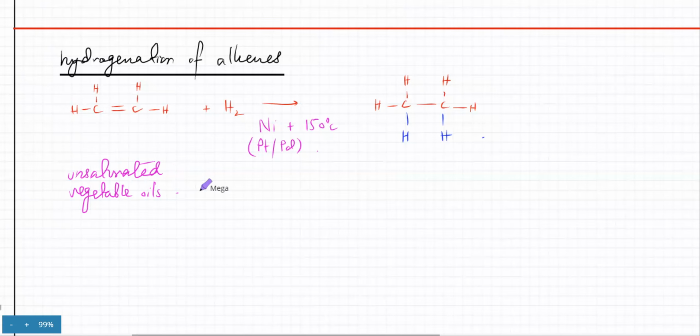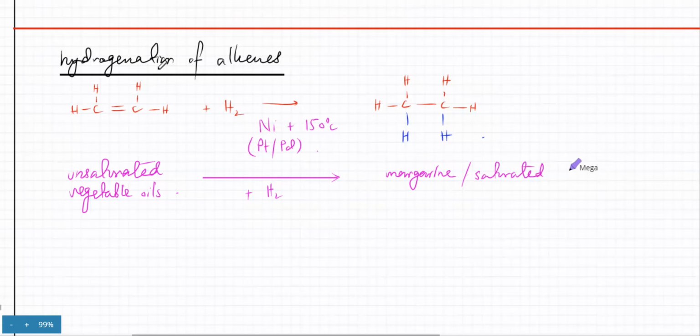So unsaturated vegetable oils have a lot of double bonds in them. What you do is you hydrogenate the molecule. So these are large, complicated molecules with lots of double bonds, and as a result, margarine is formed. Now, what happens if H2 gets added? When you add H2 to a molecule, margarine is saturated.